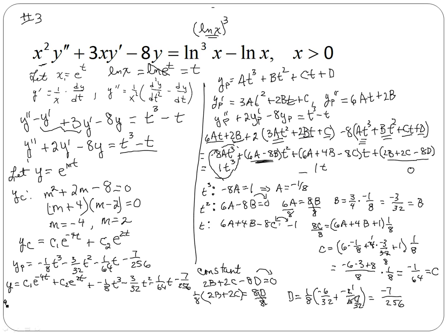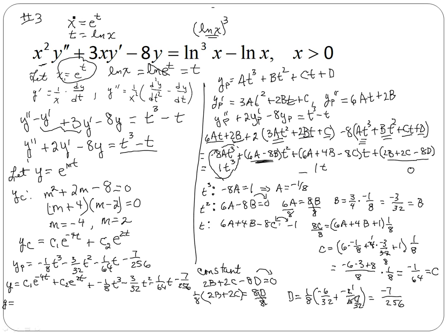If I want to go back and get my solution in terms of x, then I need to use this substitution again. X is equal to e to the t. So x equals e to the t, or, again, taking the natural log of both sides, we'll get t is natural log of x. So notice that in this first term I have an e to the negative 4t.